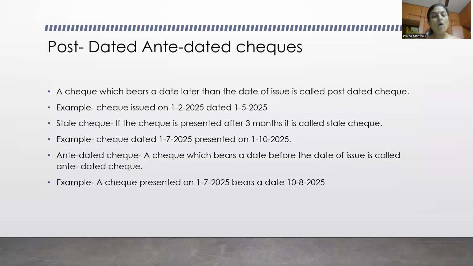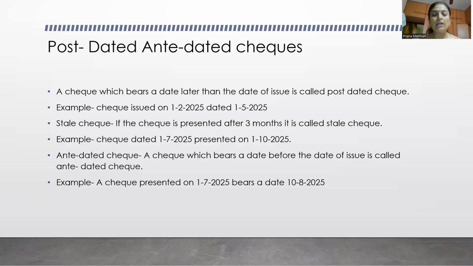Example, a check issued on February 1st, but it is dated as May 1st. Then till May 1st, you have to wait. That means for entire February, March, April, you cannot take the money. So you have to wait till May 1st.